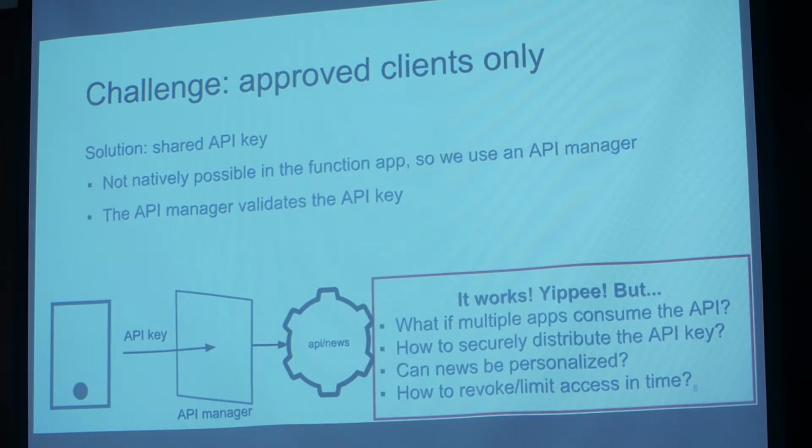And then we have to make sure that we somehow know which user is actually using the single page application. And what you said, how to securely distribute the API key, is also an issue. If it's in the open, then everybody can just call our APIs. Revoking, limiting access, it's all very difficult with API keys.